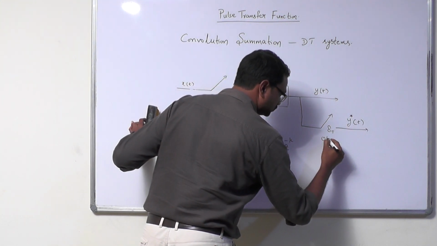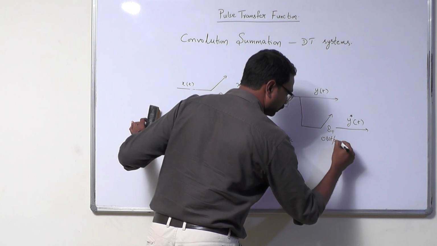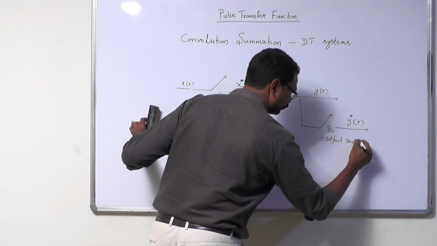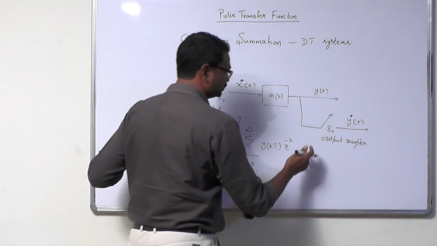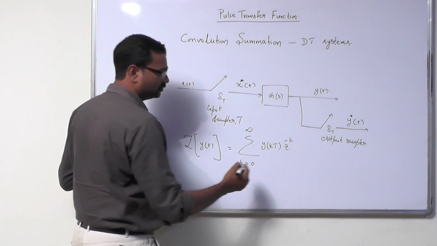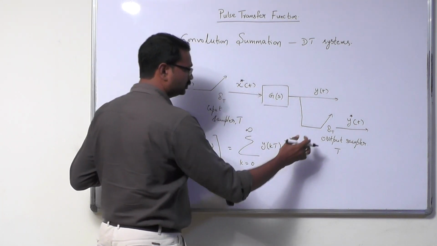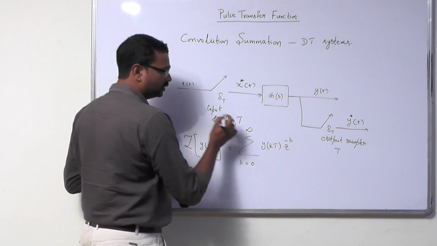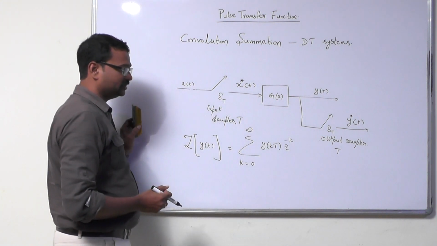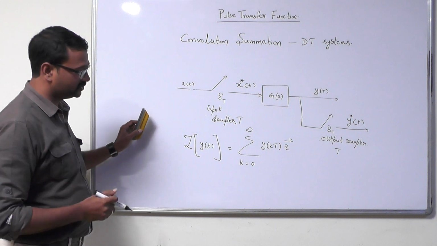Then I can call it an output sampler, which is synchronized with the input sampler with the same time period T. Both input sampler and output sampler are synchronized in phase with each other.